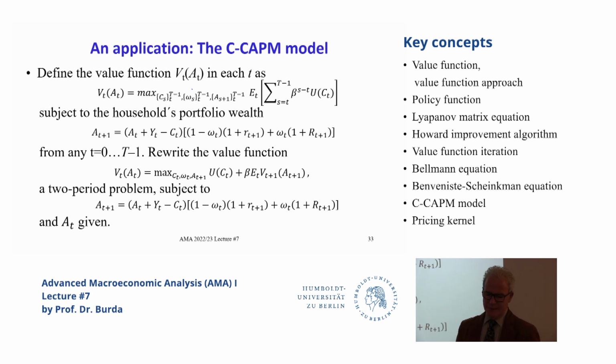And then you've got the implied future path of A going forward, using s as the index, going from t to capital T minus 1, of the utility that's implied by my policy. So you can see that it's already a complicated problem. I'm choosing my consumption. It's a plan.